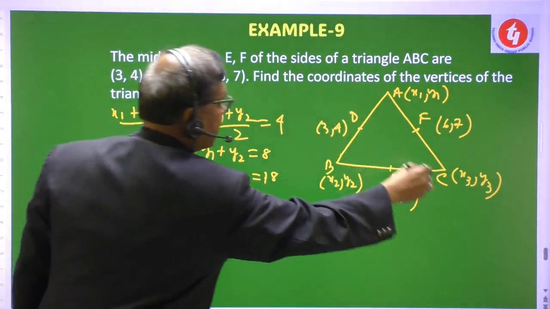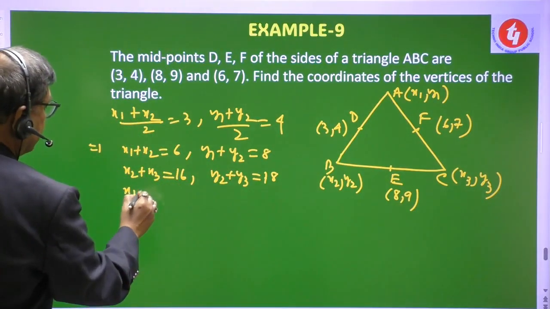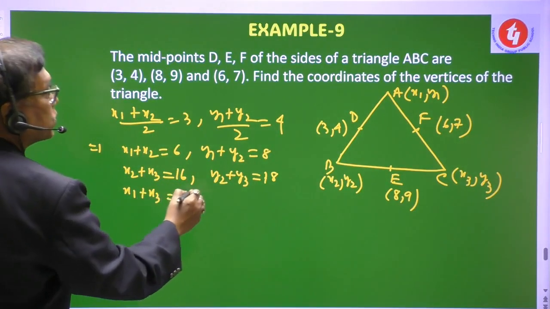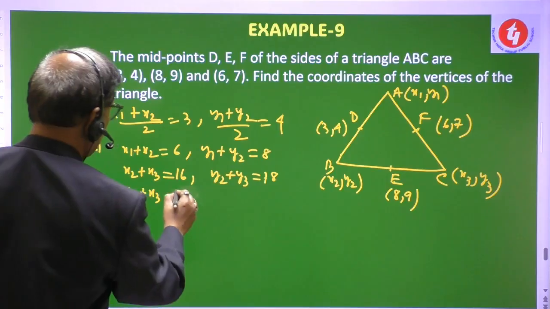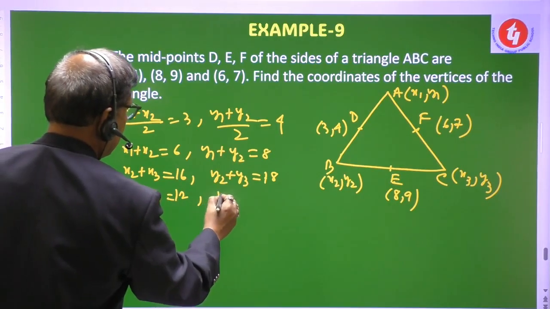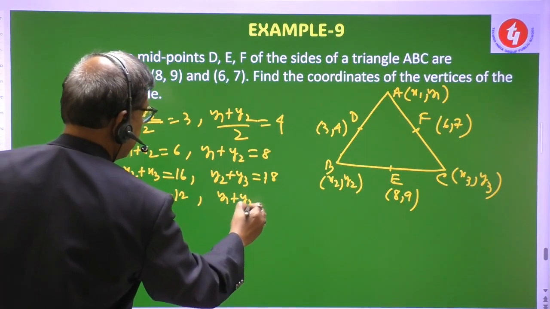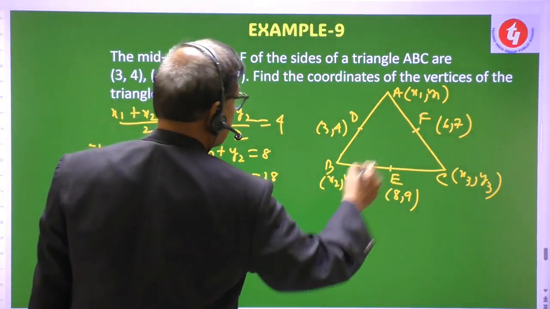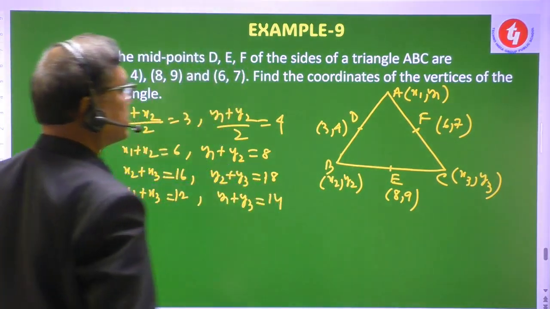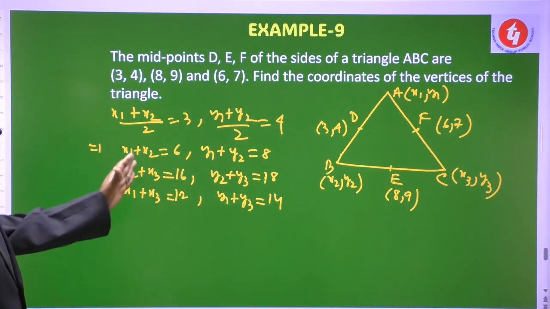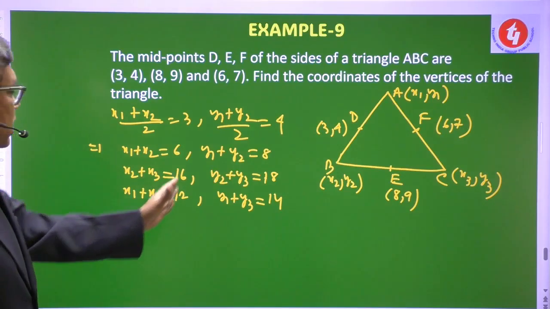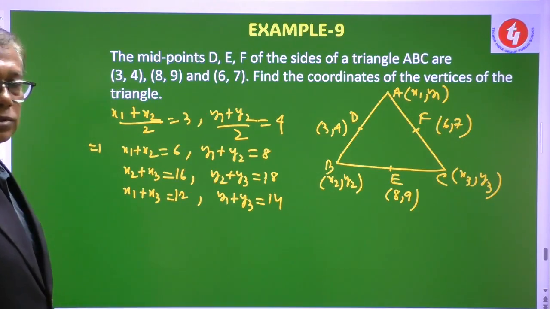And for A and C, x1 plus x3 by 2 equal to 6, that means 12, and y1 plus y3 by 2 equal to 7, that means 14. So we are getting 3 equations for x, and for y is 3 equations.